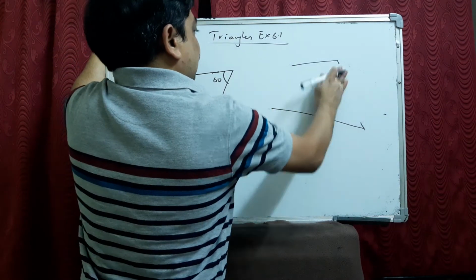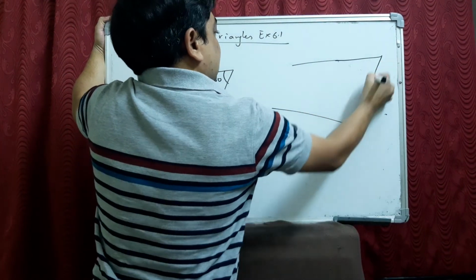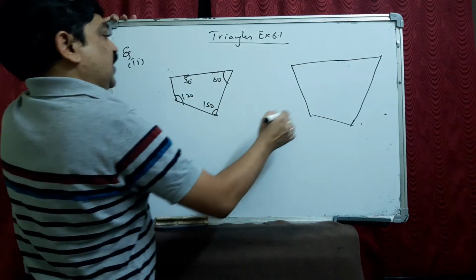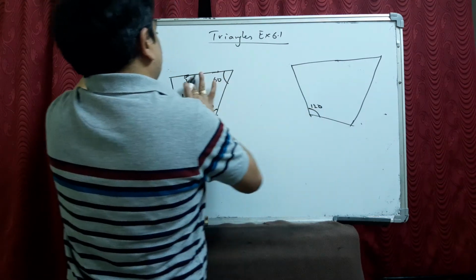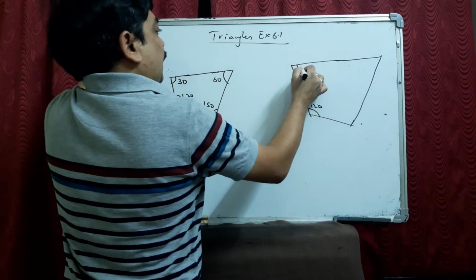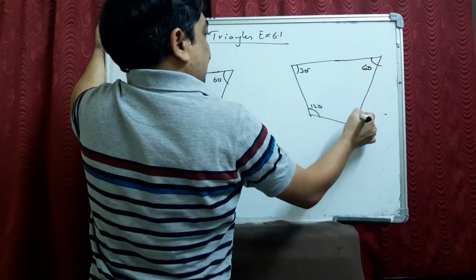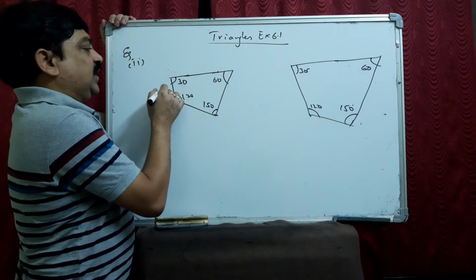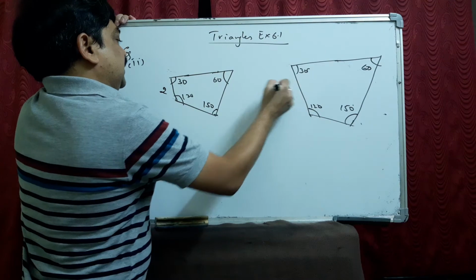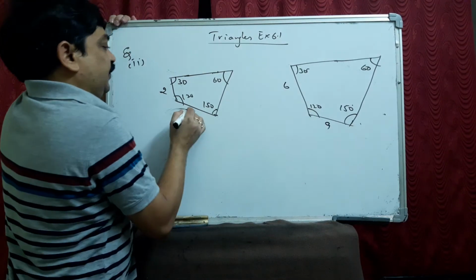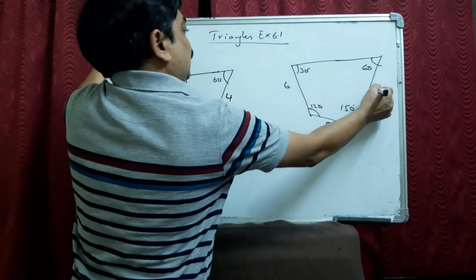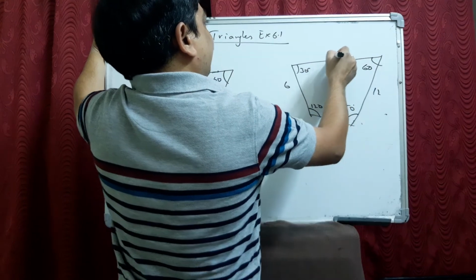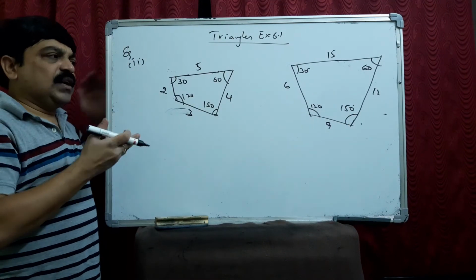We take this also like that only, with a little obtuse ones, so the shape changed like this. The angles will be 120 here, 30 here, 60 and 150. See, all the corresponding angles are the same. Sides: if I take 2 here, 6 here, 3 here, 9 here, 4 here, 12 here, 5 here, 15 here. See, this is an example of similar figures.